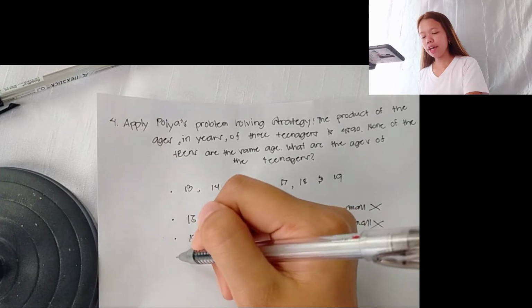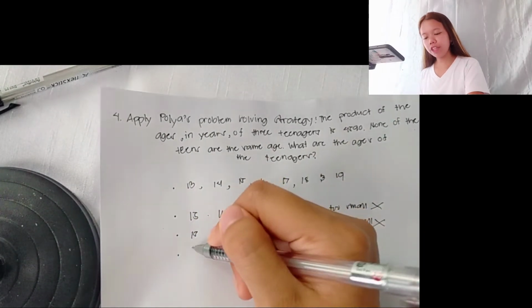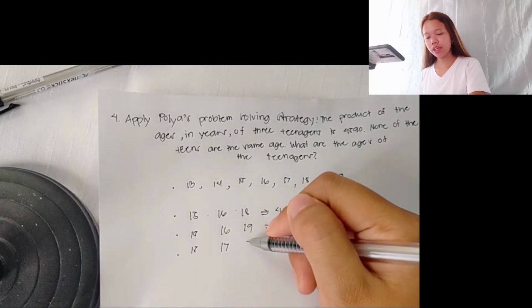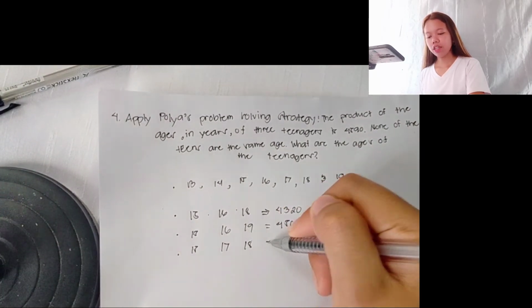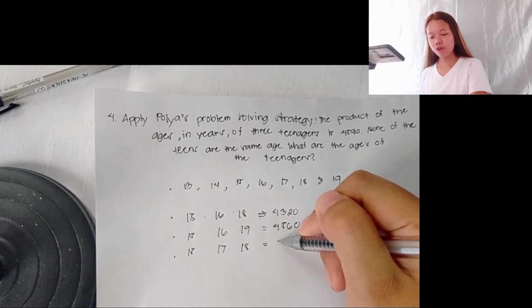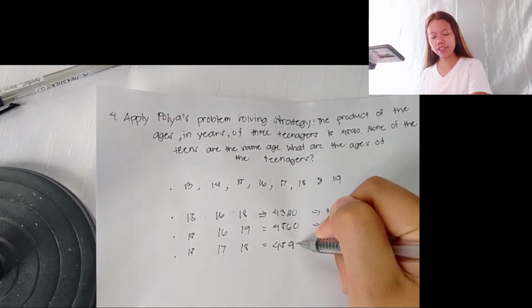And let's try again the 3 numbers 15, 17, and 18. So the product of 15, 17, 18 is 4,590.